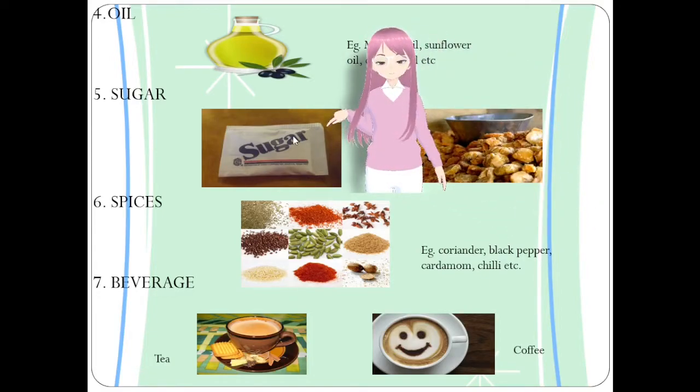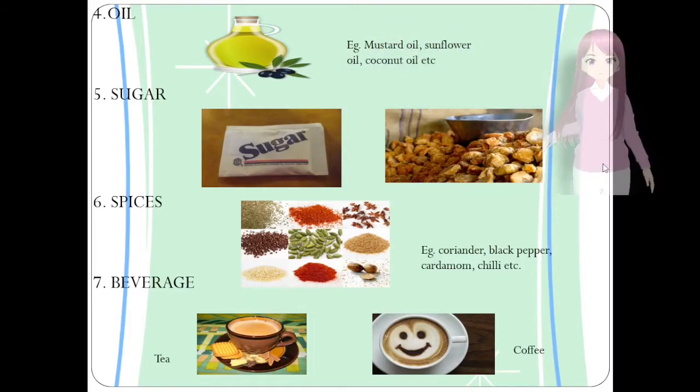Sugar is extracted from sugarcane, and jaggery, which is called gur in Hindi, is actually obtained from the sugarcane juice. So this jaggery and sugar, they're both very good sources of energy, right?